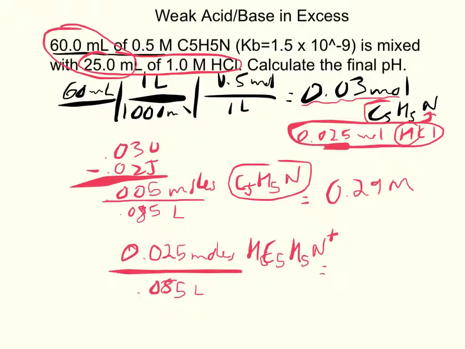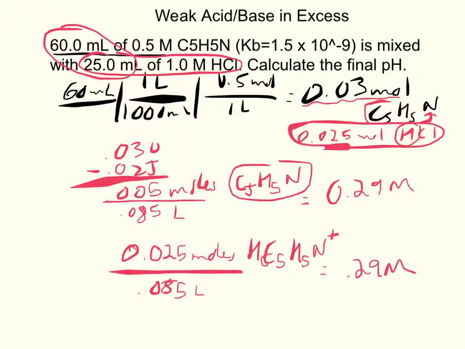So the concentration of this value is going to be 0.29 molar. And I apologize earlier, this was a mistake. This math didn't come out to 0.029. This should have been 0.059 molar.